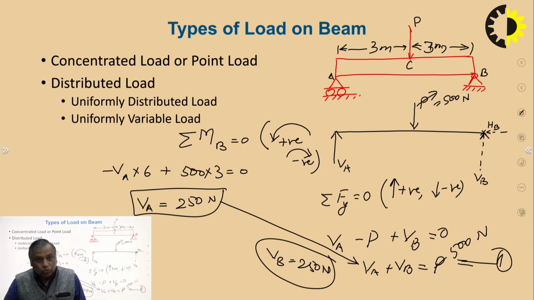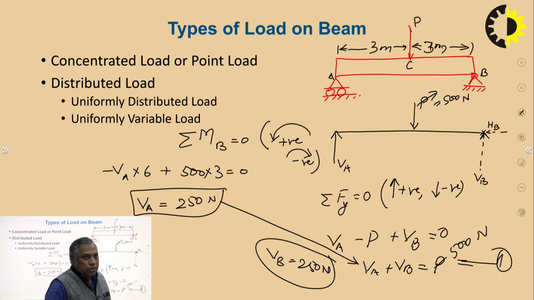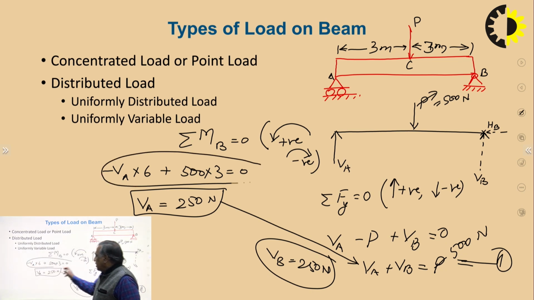Now I come to the distributed load. Distributed loads are those loads which are distributed over a certain span of the beam. In that case, if we want to make a moment equation, it will be difficult. We have to use some integral method or method of integration.